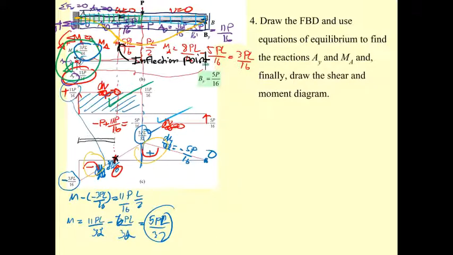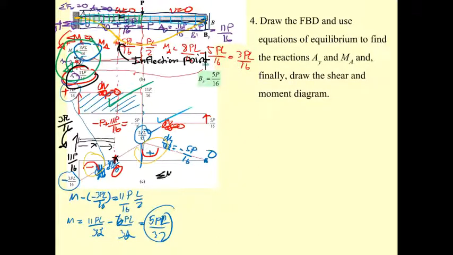Can we determine the distance x here? This is going to have what? The shear of 11P over 16, and you have this one for the moment of 3PL over 16.